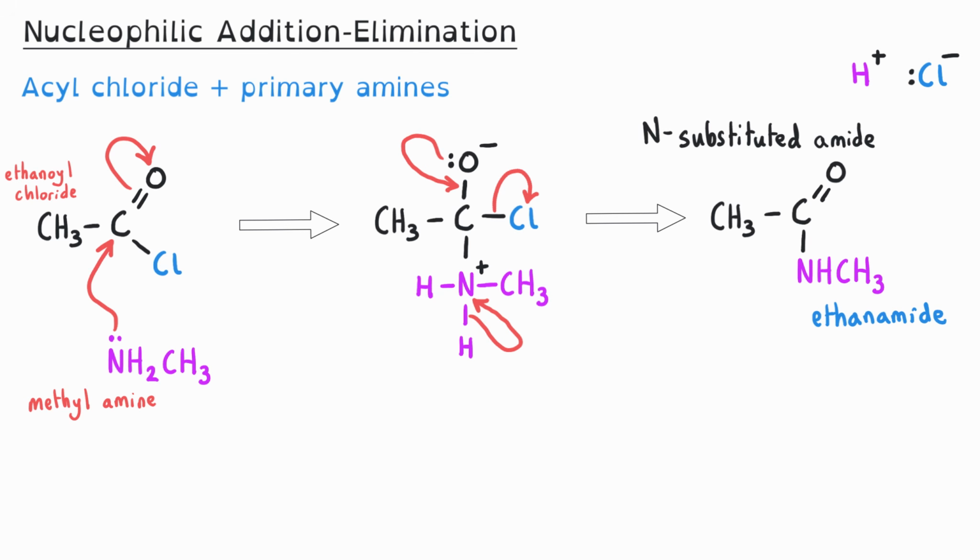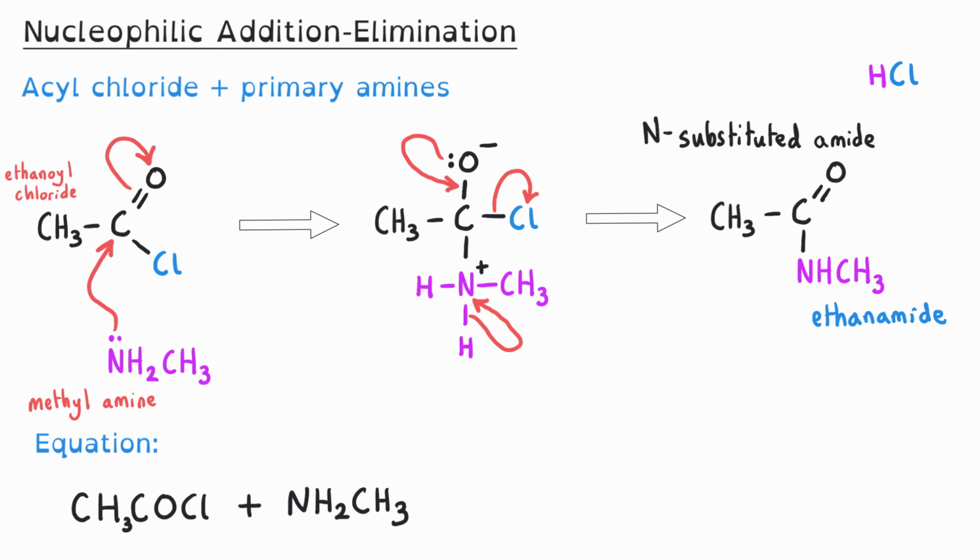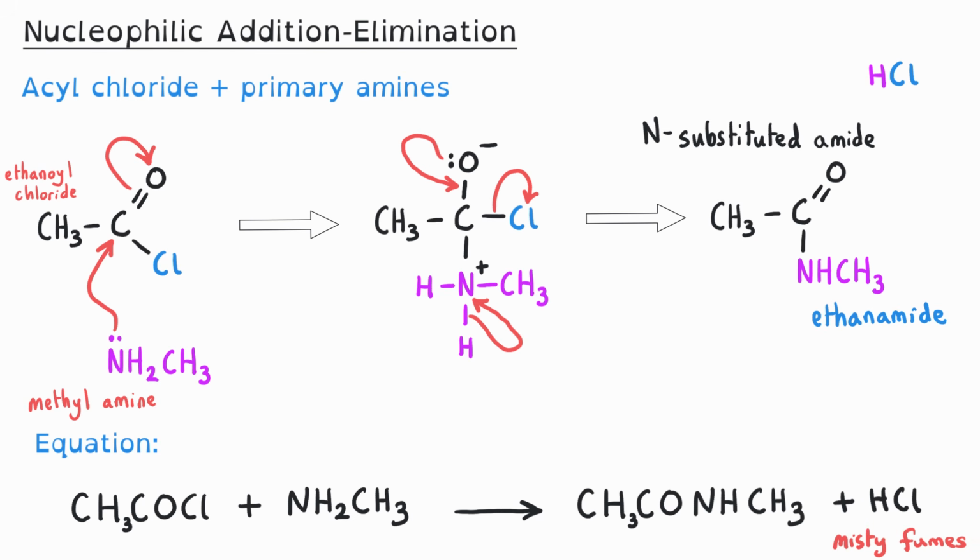And remember, we make our 2 ions as a product, which would come together to make HCl. So we would refer to this as having eliminated HCl from the molecule. In terms of an equation, we've got our ethanoyl chloride structural formula here. It's reacting with the methyl amine, and we're producing our N-methyl ethanamide and the HCl.